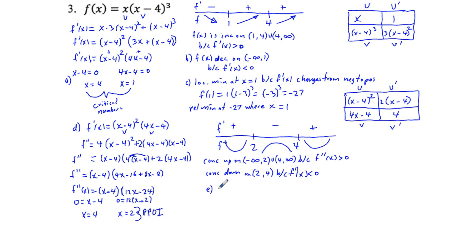E. Okay, point of inflection at x equals 2 and x equals 4, because f double prime of x changes from positive to negative, or from negative to positive.